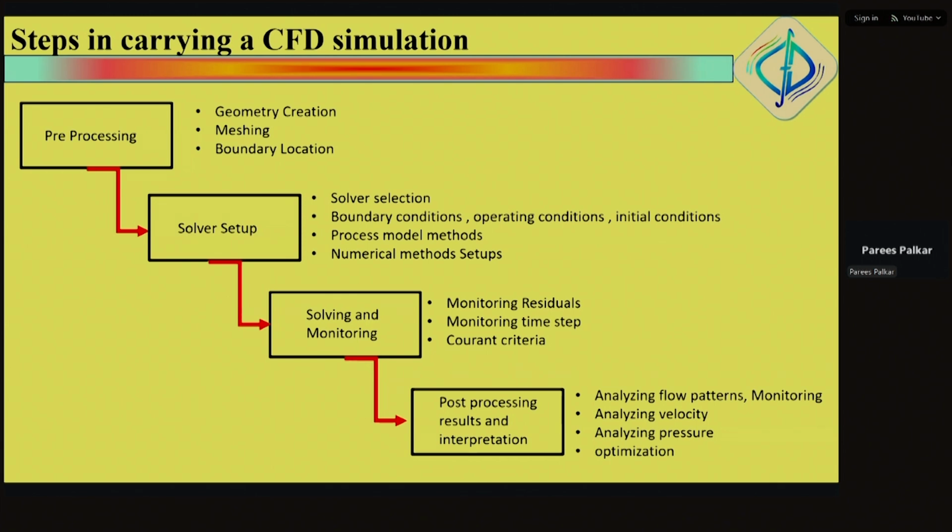And then we go to solving. In solving, we run our simulation and define for how much time we are going to simulate. If it is a transient simulation, we also have to carefully monitor the time step, as if we give a very high time step value, the simulation will definitely crash.